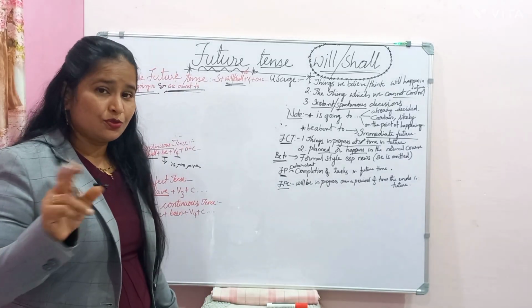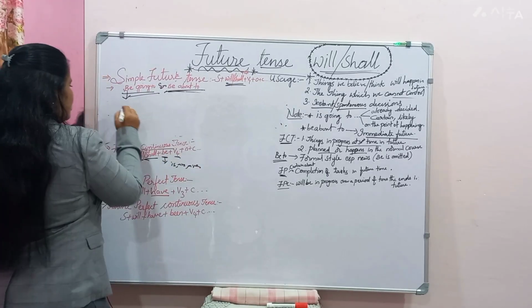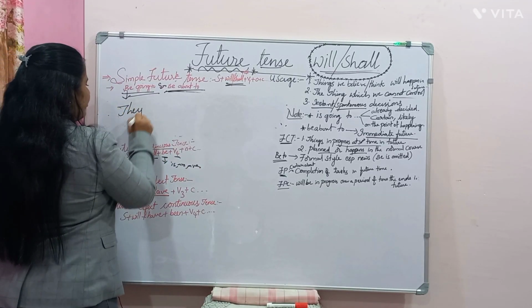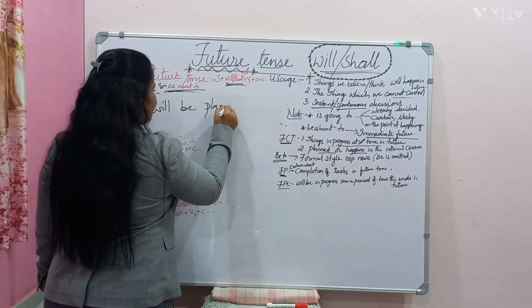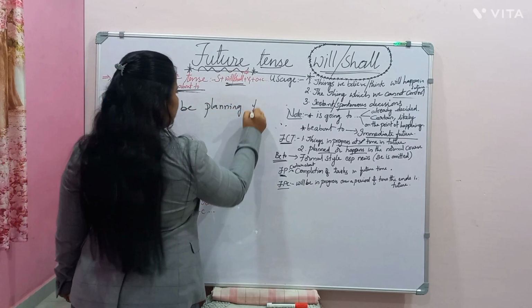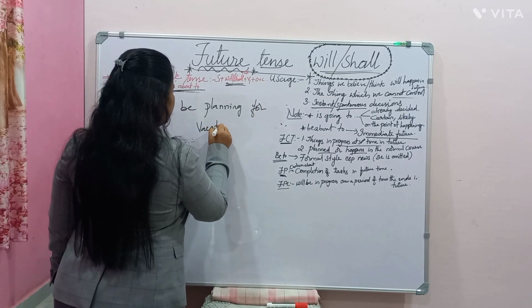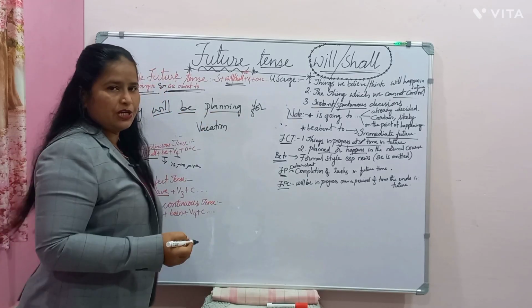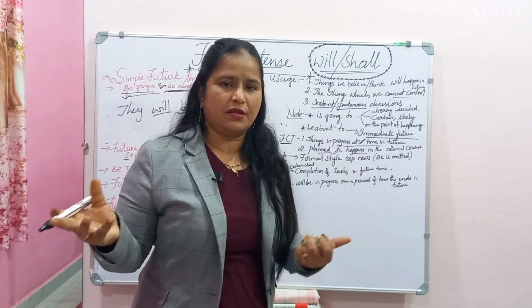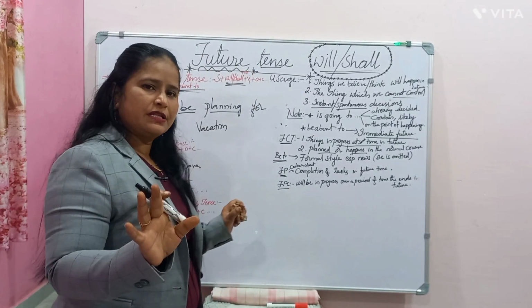So what it will be, the majority of the students or teachers or parents will be planning for vacation, right? Everybody, as they got holidays, will be planning for vacation, as this winter is very cooperative weather, so they can go around and spend their time nicely.